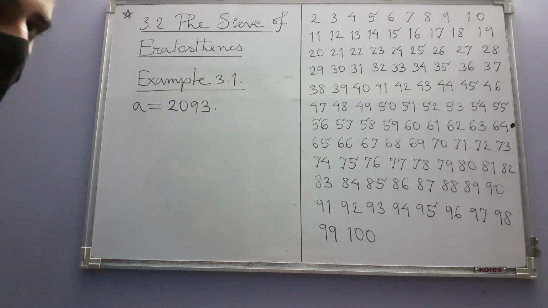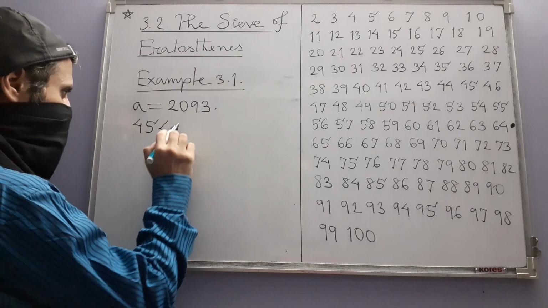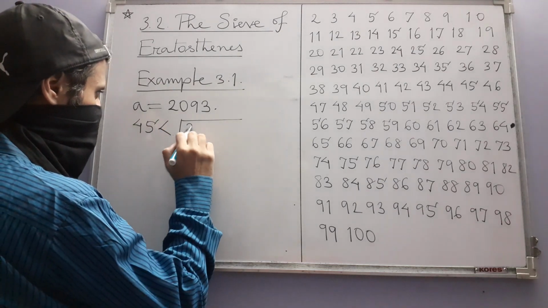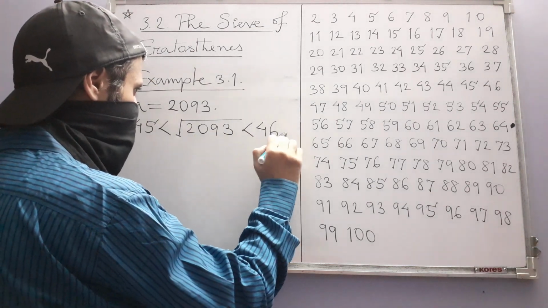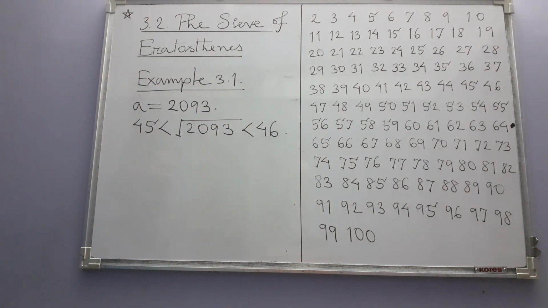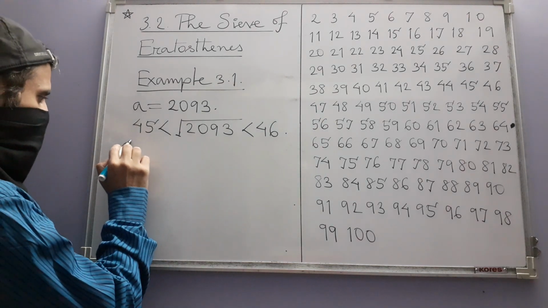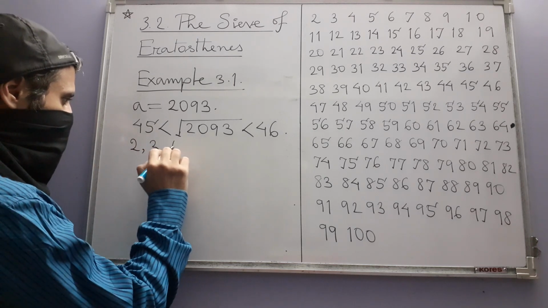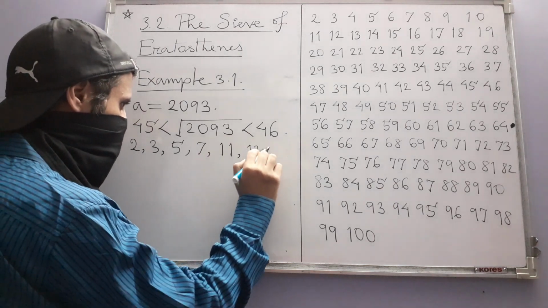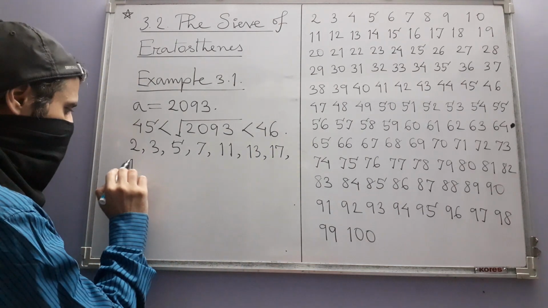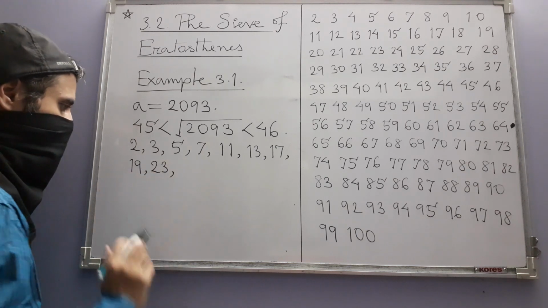And first of all, we look at its square root, and it turns out that the square root lies between 45 and 46, and the primes that you have before 45 are these: 11, 13, 17, 19, 23.